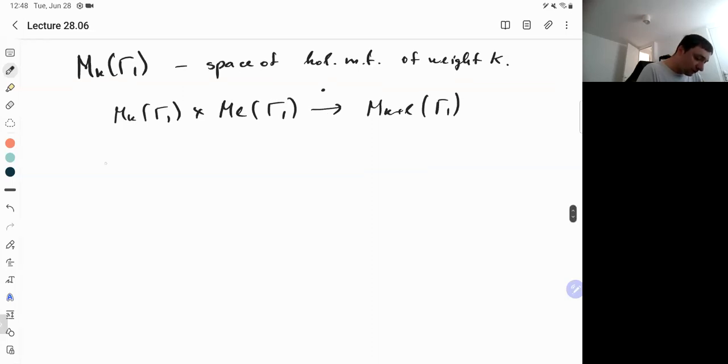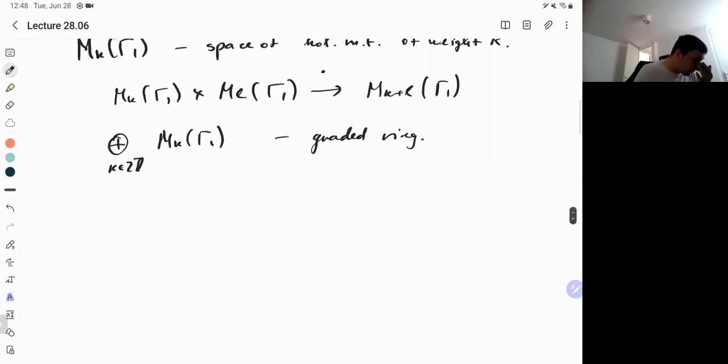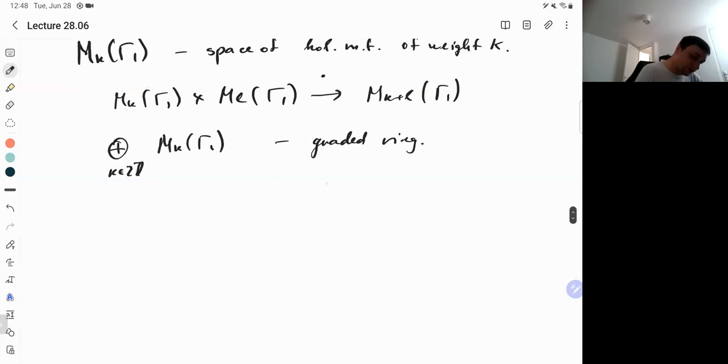And so basically, if you take the direct sum over all even integers of these spaces, this is a graded ring. And basically the goal of today is to show that it's isomorphic to a ring of polynomials in two variables E4 and E6, where E4 is something of weight 4 and E6 is something of weight 6.